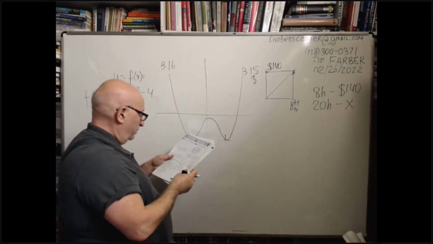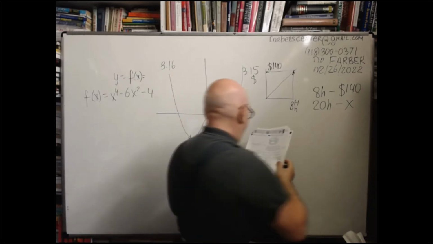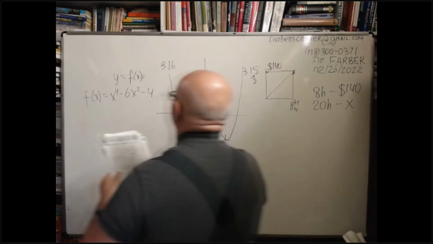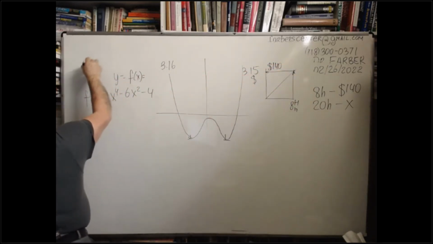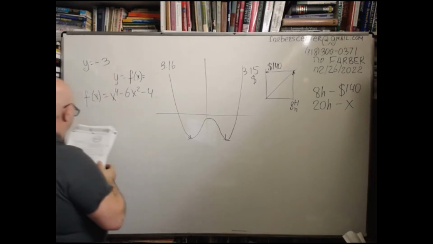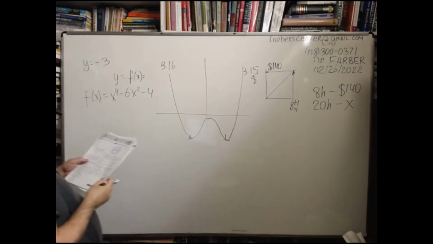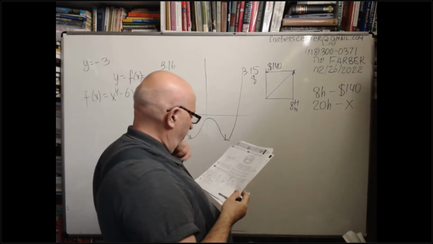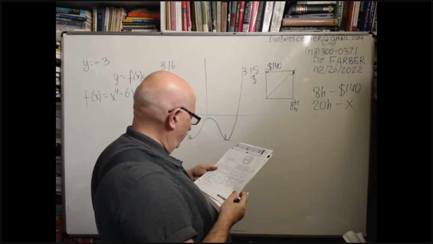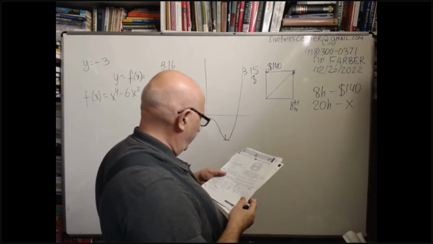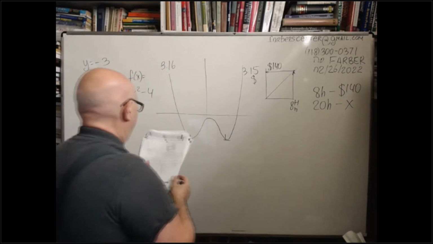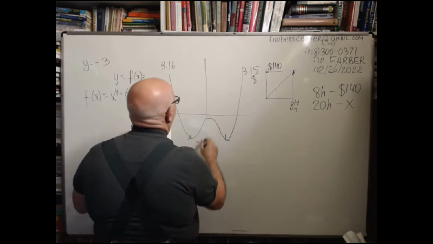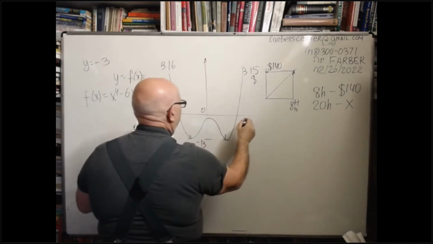If the equation y equals -3 is applied to the plane, how many points of intersection with the function does it have? And they provide some value. This is about -13 here in the graph. This is the origin, this is x.